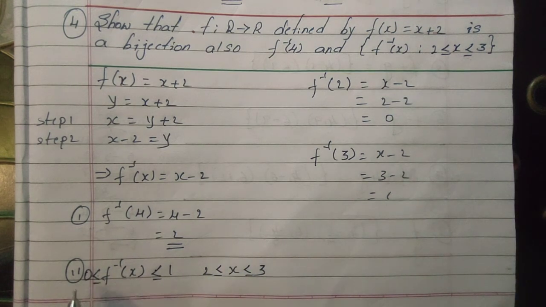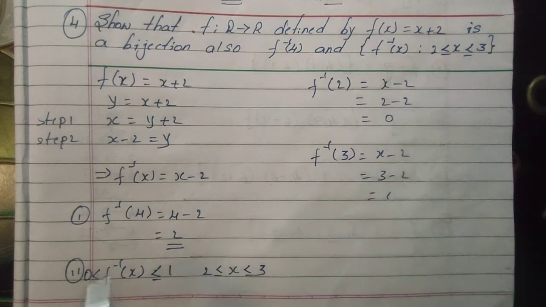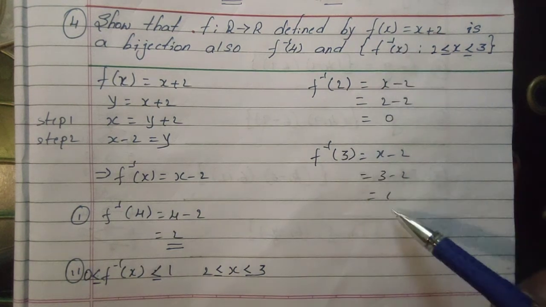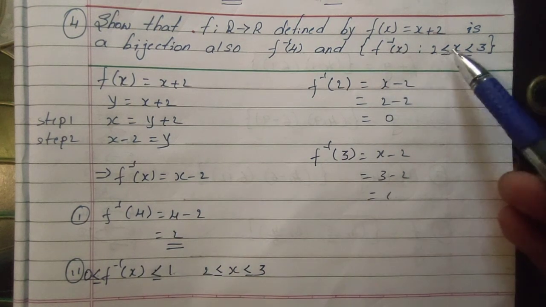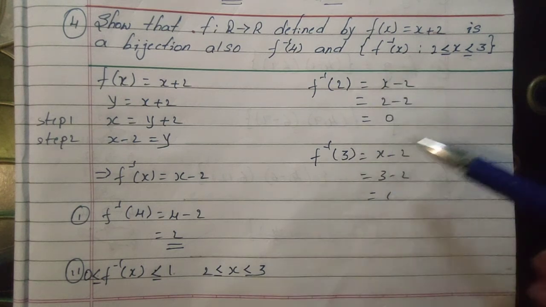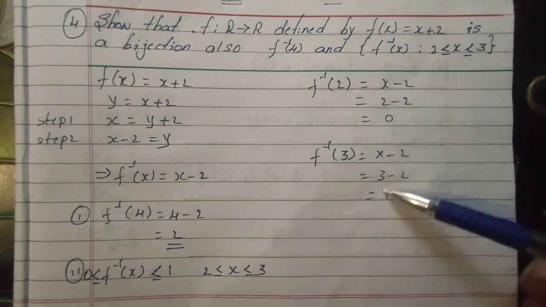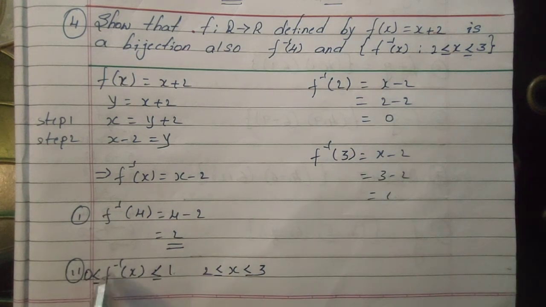So f inverse of x will be more than or equal to 0 and less than or equal to 1, because f inverse of 2 is 0 and f inverse of 3 is 1. Between 2 and 3, if you take any value in place of x, like 2.1, 2.2, 2.3, your answer f inverse of x will come between 0 and 1. That's why f inverse of x is between 0 and 1 when x is between 2 and 3.